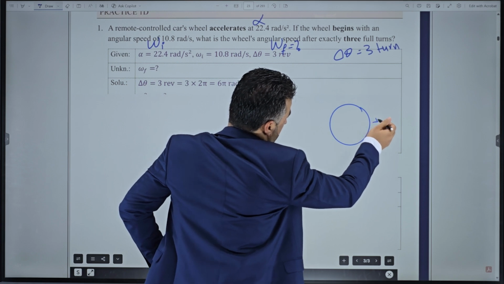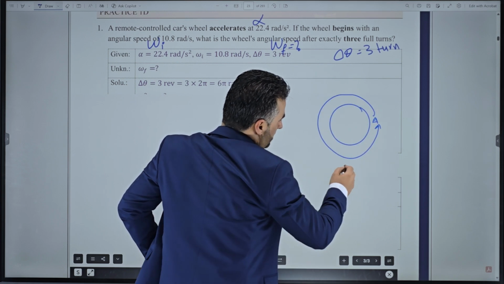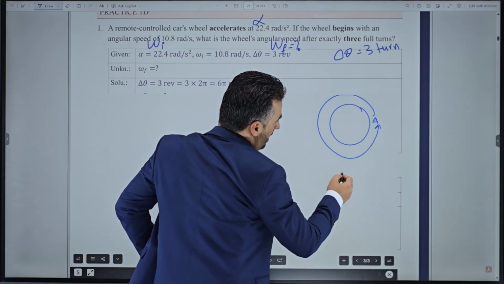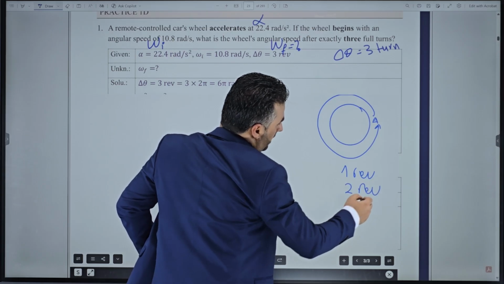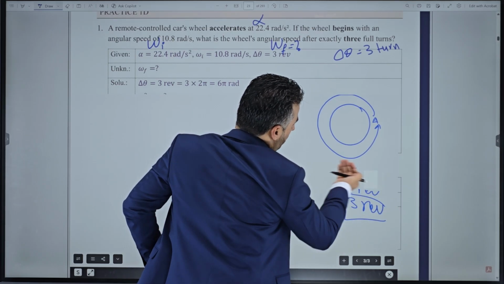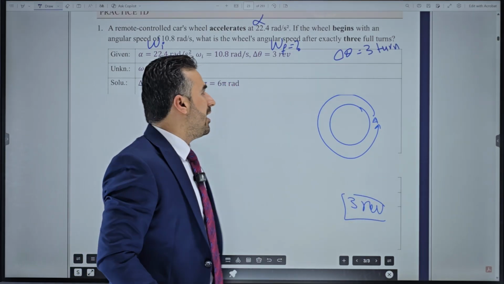Let's say there is a point right at this point. Every 1 turn, that is 1 rev. What about 2 turns? That is going to be 2 revs. And 3 turns is going to be 3 revs. And of course, you know that every rev is equal to 2 pi radian.